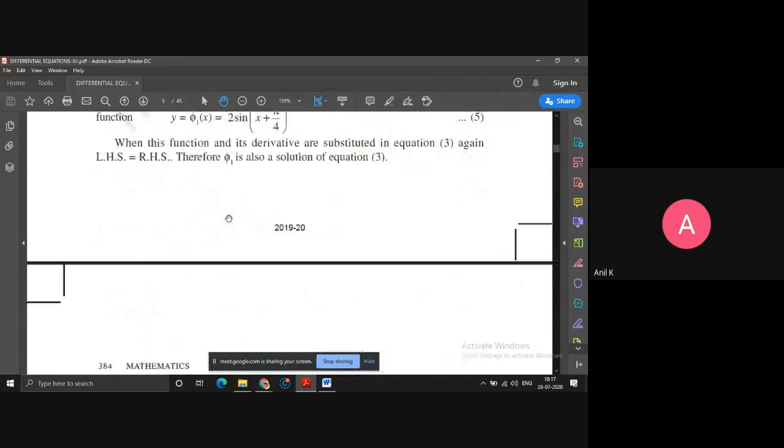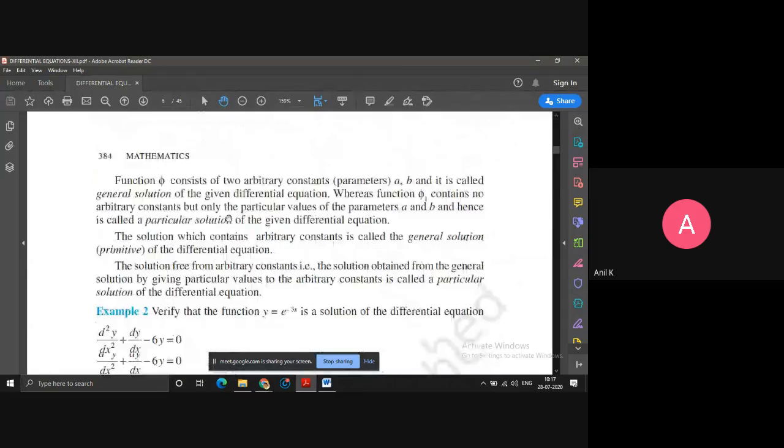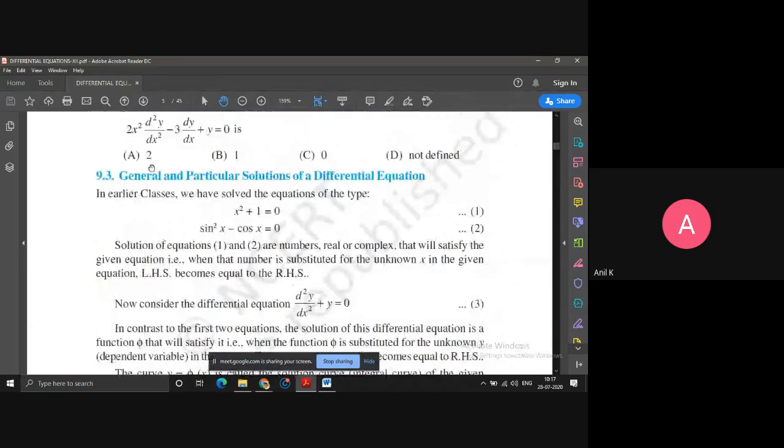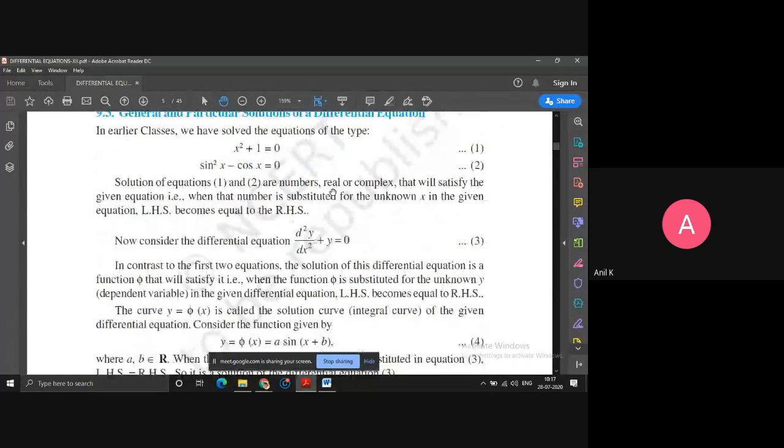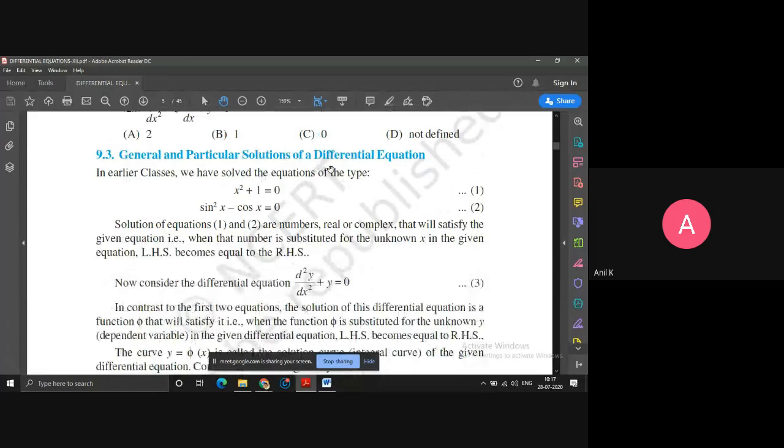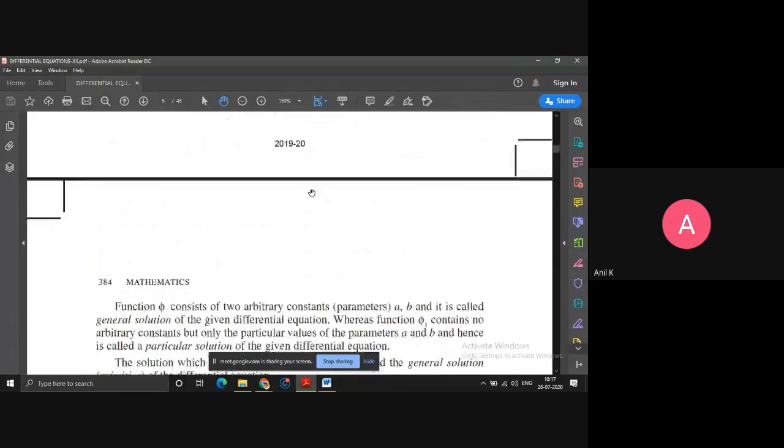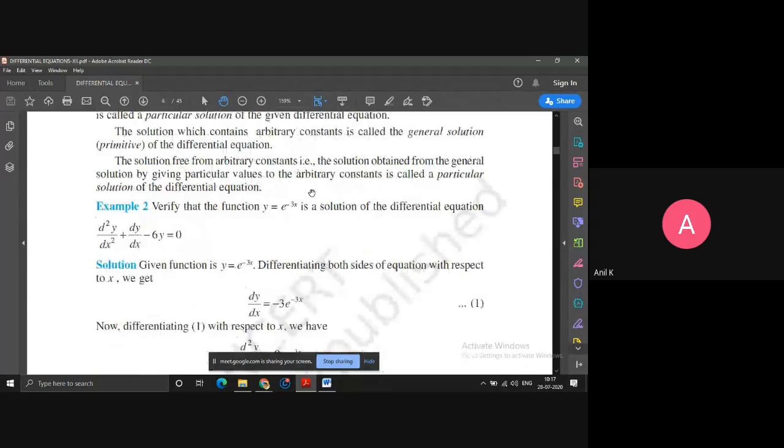Okay. Now you have the general and particular solutions of a differential equation. If you have a differential equation, how do you find the solution? We will see what the general solution is and what the particular solution is, through an example instead of giving a direct definition.